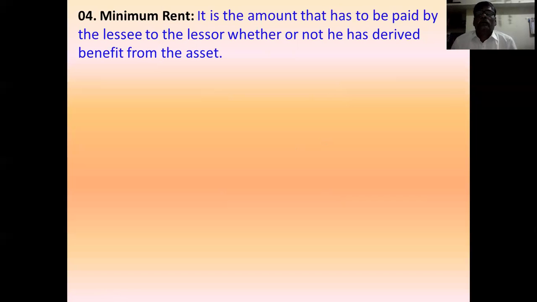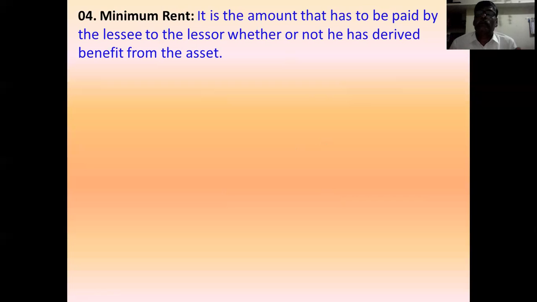Suppose the lessee takes the asset and uses that asset, he takes the benefit. On the basis of that benefit, royalty is paid to the lessor, no doubt. If the lessee does not take the benefit of the property after the agreement and that asset remains without use, there is no royalty.